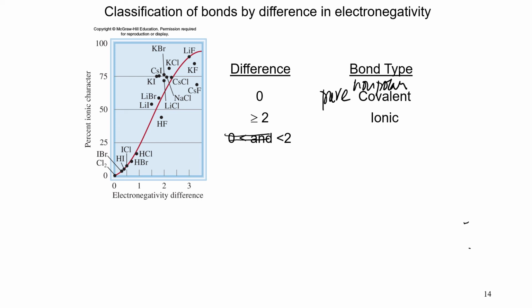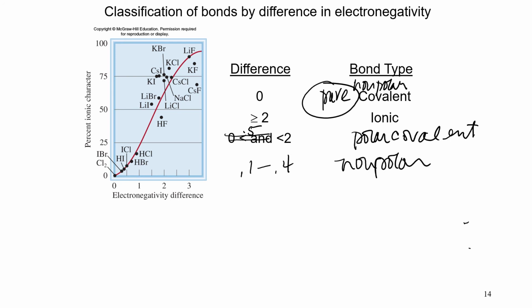We can also have, I'm going to say, between 0.5 and less than 2 is polar covalent. And 0.1 to 0.4 is just nonpolar.